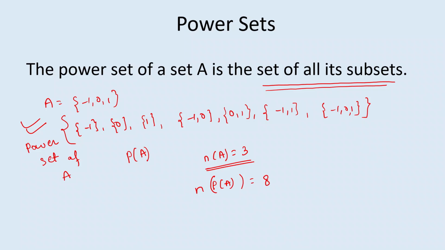So suppose that I give you a bigger set, a set B whose cardinality is 5, then can you tell me what will be the cardinality of its power set? We'll look into it in a short time.